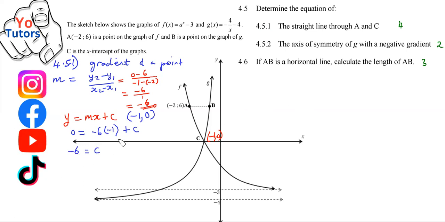Okay, now we have the c, so we can substitute our values there. It's going to be y = -6x - 6. So this becomes our equation. So this graph, when it's passing through the point we used, will also cross at 6, -6. Okay.